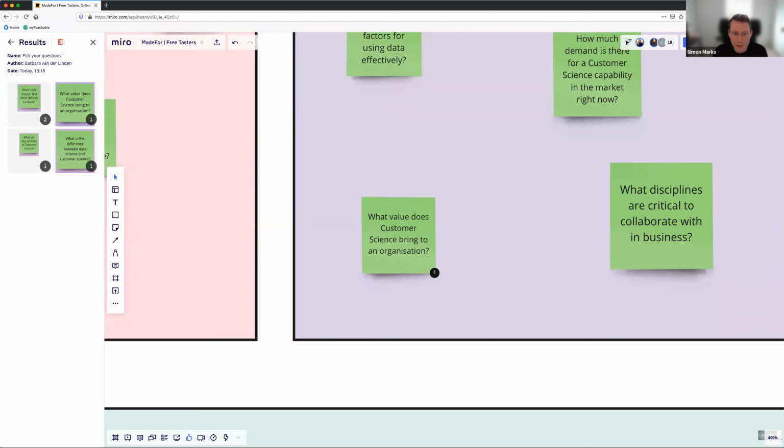It shouldn't only be with one team. So customer science can lead as a team, as a discipline that can seep into other parts of the business to be much more data and factual driven in how things work and run and decisions are made. So I think that's a high level one across all the business.